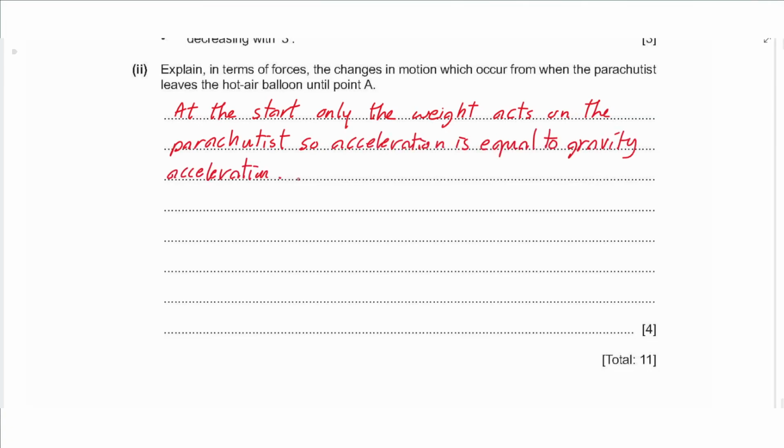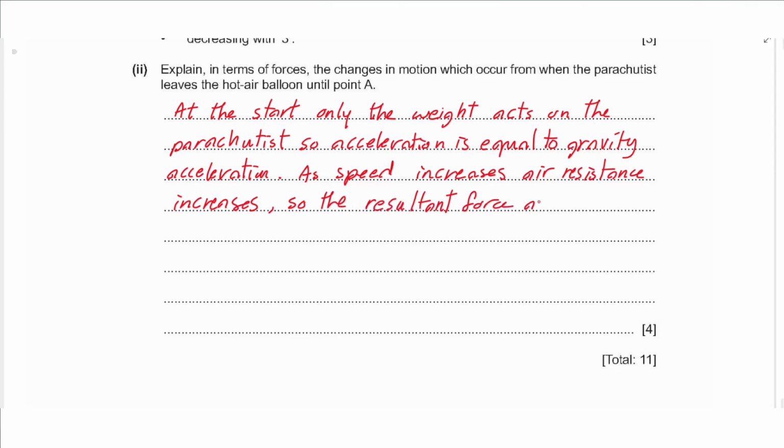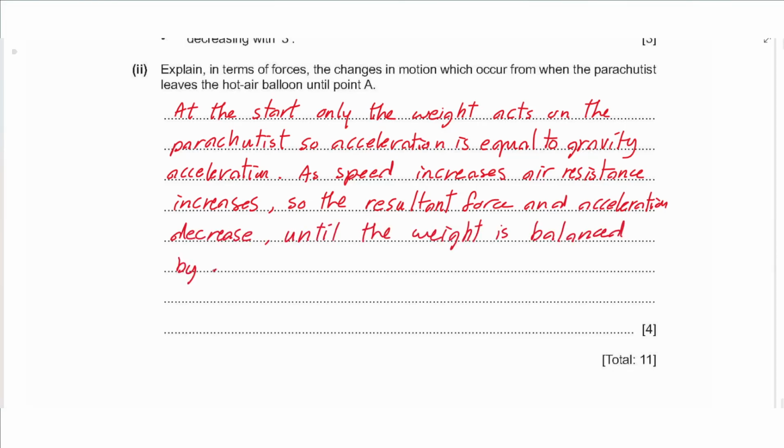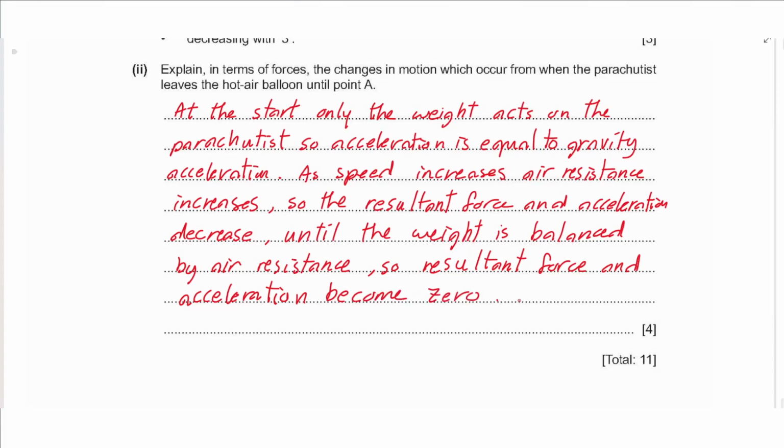Then as speed increases, air resistance increases, so the resultant force and acceleration decrease until the weight is balanced by air resistance, so resultant force and acceleration become 0. That's why the speed becomes constant.